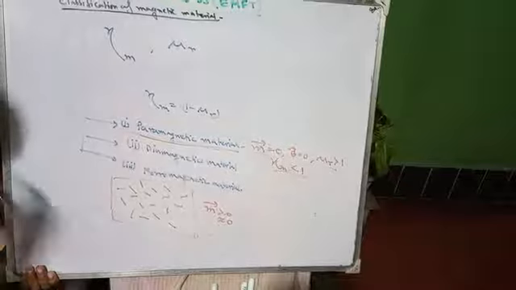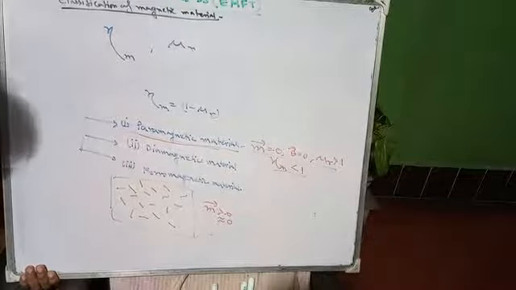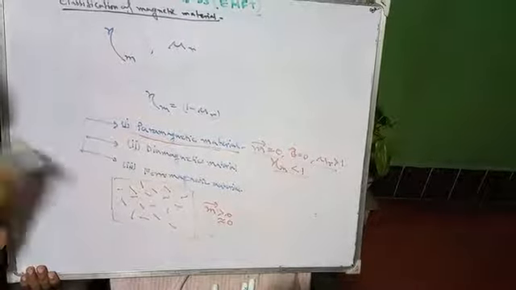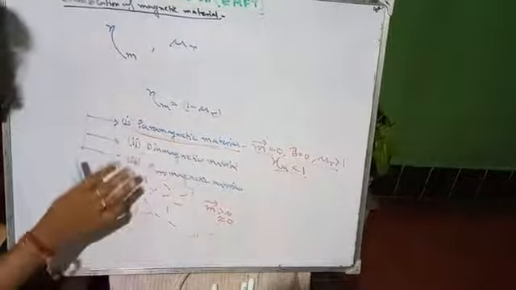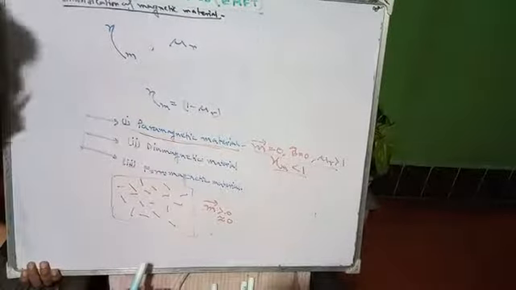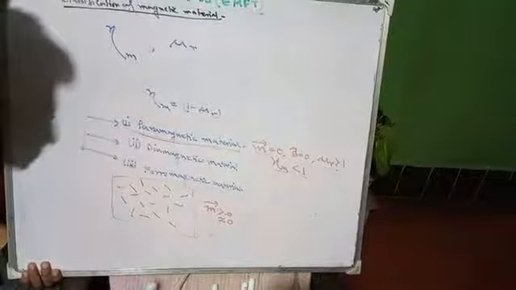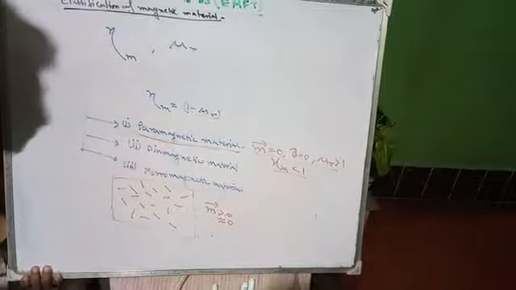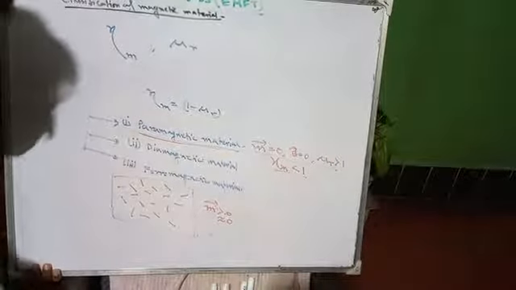Next I will move into the diamagnetic material. For diamagnetic material, in absence or presence of any external magnetic field, the material cannot be magnetized. That means this diamagnetic material never gets magnetized.